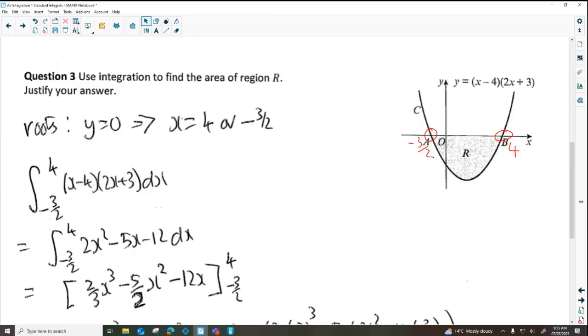So the integral from minus 3 over 2 to 4 of x minus 4 bracket 2x plus 3 is the same as the integral from minus 3 over 2 to 4 of, if you remove the brackets, 2x squared, minus 8x plus 3x, which is minus 5x, and minus 12 dx. Again, this is a definite integral, so integrate, increase the power by 1, divide by the new power: 2/3 x cubed minus 5 over 2 x squared minus 12x between 4 and minus 3 over 2.